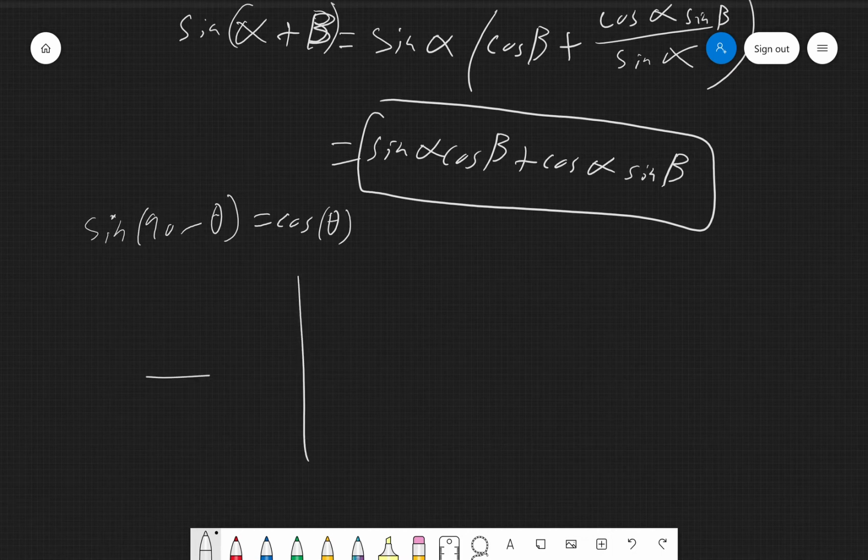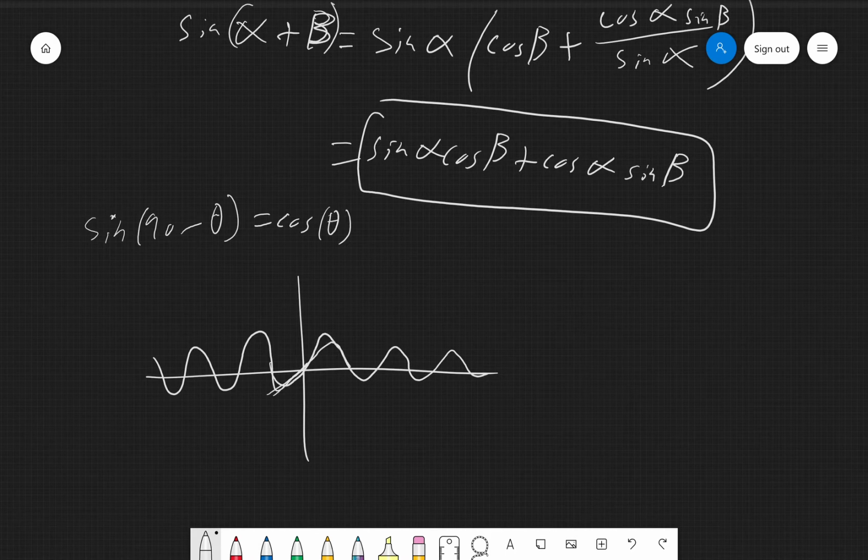This is because you have the graph of sine and cosine with the same period and amplitude. The sine goes through like that, and the cosine, on the other hand, goes here.